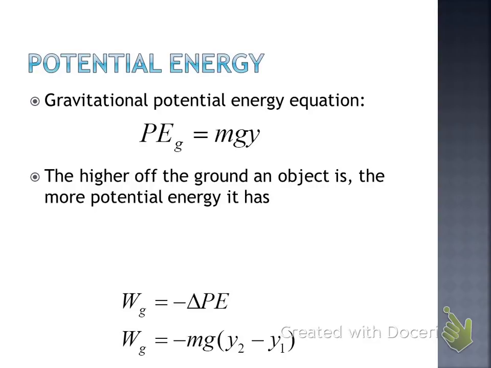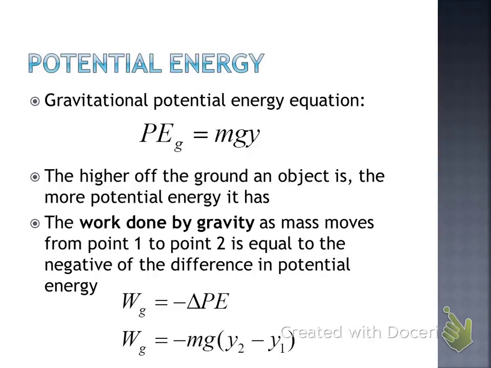The higher off the ground an object is, the greater Y is, which means a greater amount of potential energy. The negative here is just telling us that it's moving downward, because it's work done by gravity. So even though it's a scalar, we're still thinking about it moving in the downward direction.